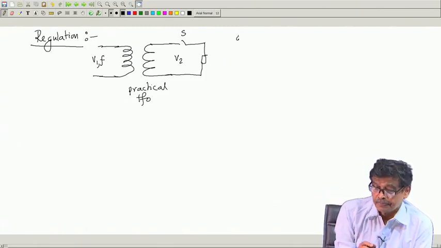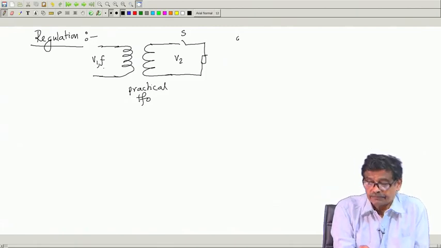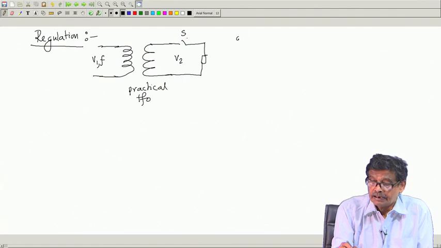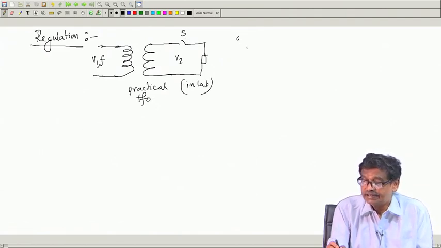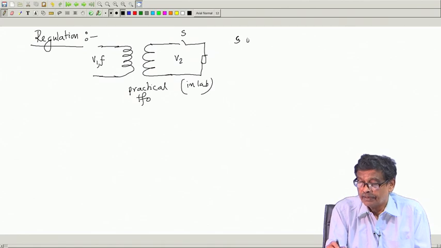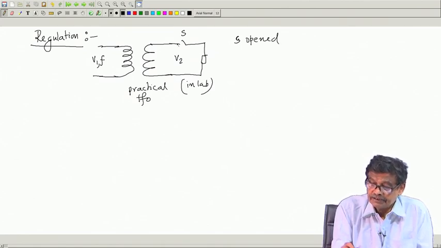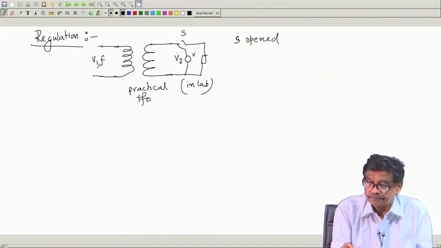That is what I am telling. What you do, you apply rated voltage at rated frequency. In practice, in lab, you have energized with rated voltage and frequency. With S open, measure this voltmeter reading. You connect a voltmeter here.